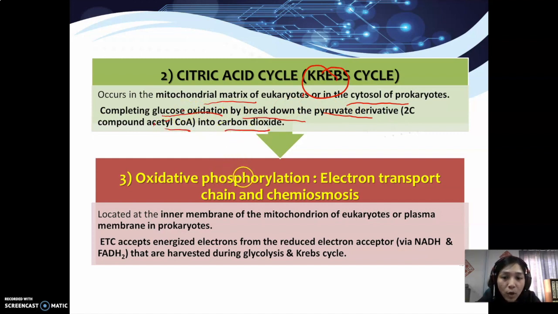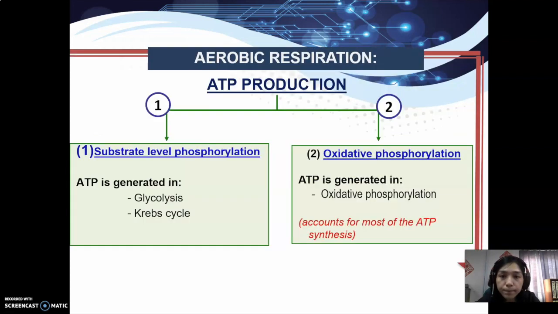The last step, oxidative phosphorylation, involves two processes, ETC and chemiosmosis. It occurs in the inner membrane of mitochondria or the plasma membrane in prokaryotes. The ETC accepts energized electrons from the reduced electron acceptors harvested during glycolysis and Krebs cycle.